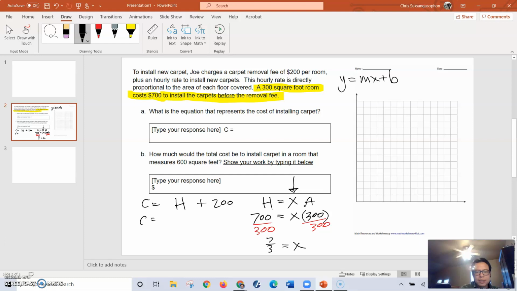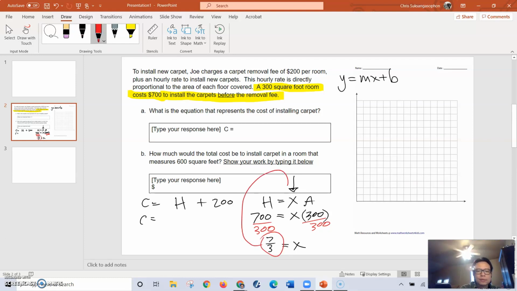In place of h, we're going to have seven over 3a plus 200. Okay, so that would be your equation to represent the cost of installing new carpet for any size room.